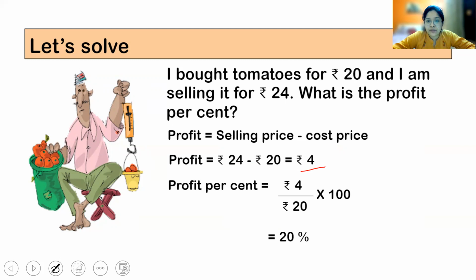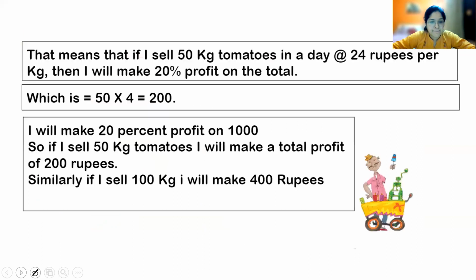So 4 divided by the cost price, into 100%, and this will be 20%. So this is the conclusion.